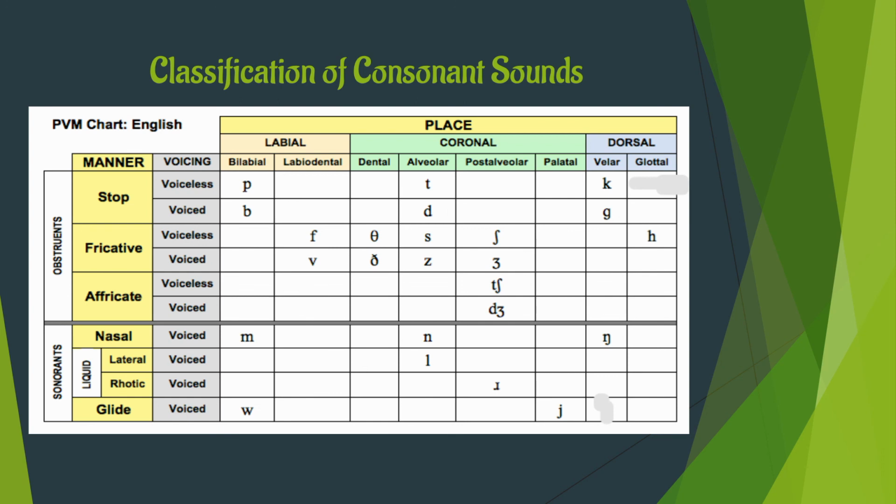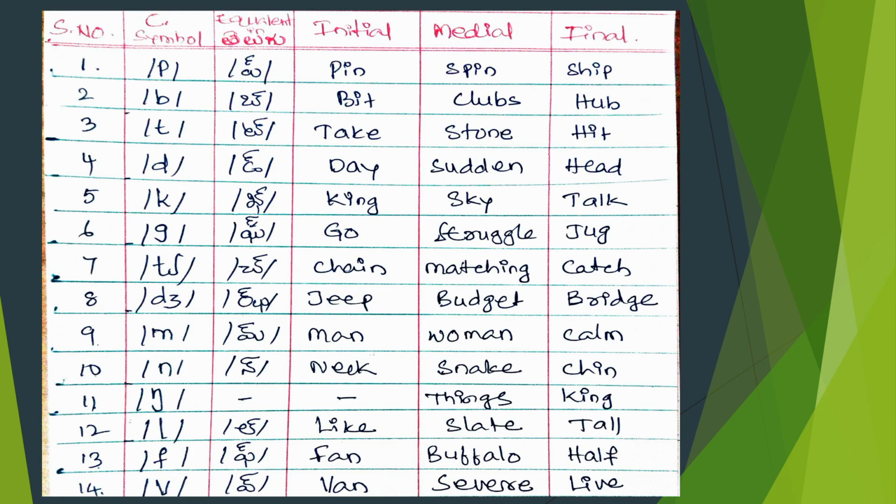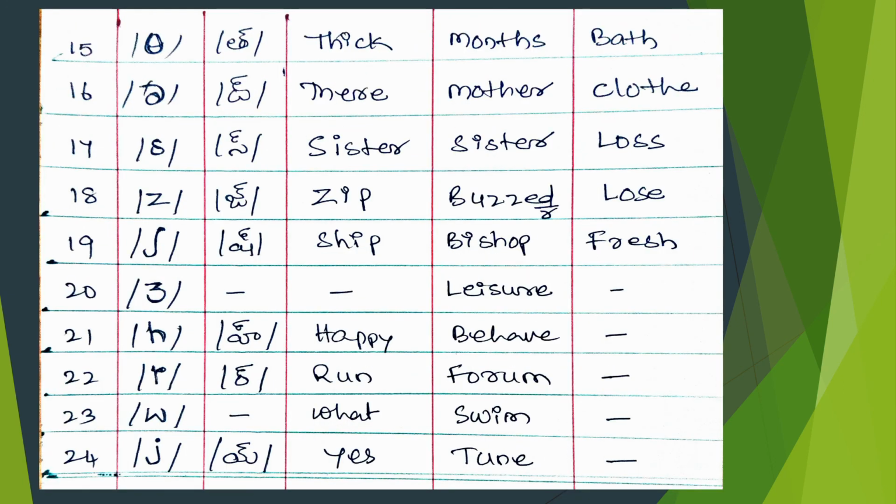Now tell me whether it is voiced or voiceless. Voiceless. So this is glottal, voiceless, fricative. Now this is its examples. This also happens initially, medially, but it will not happen finally.